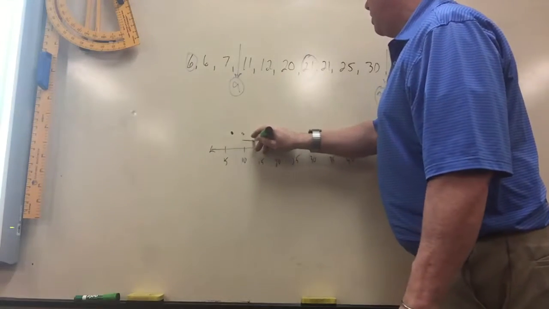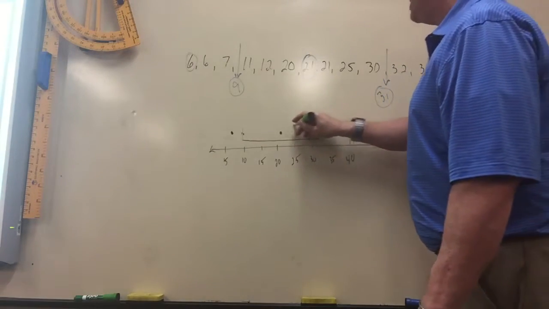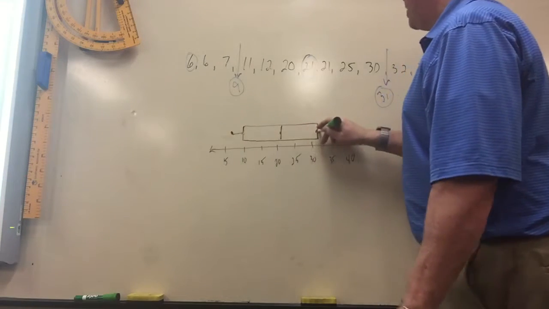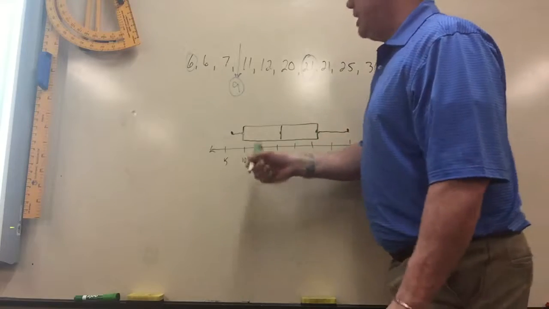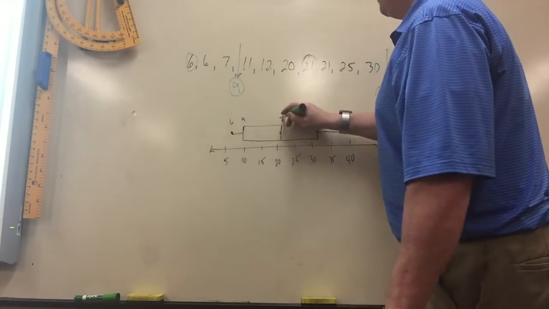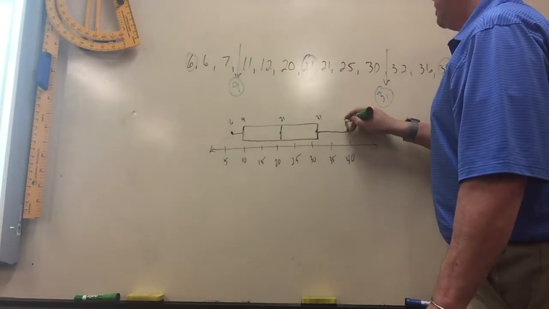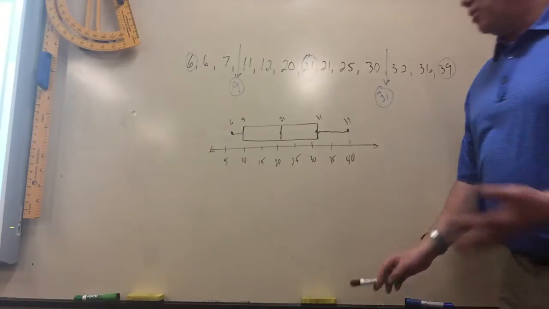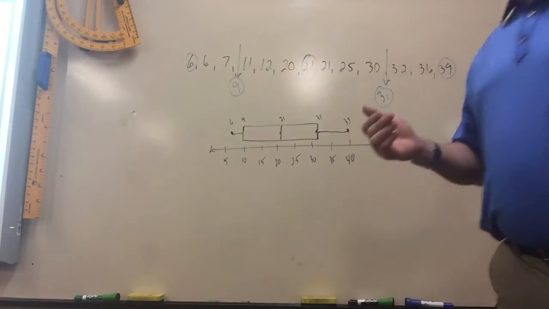So then you put the box around the first quartile and the third quartile with a line through the median, and then the whiskers going out. And then you should label it so you know exactly what this is. That's 6, 9, 21, 31, and 39. Okay, everyone got it? Yep. So we're just doing, I think it's four of these, 4 or 5.